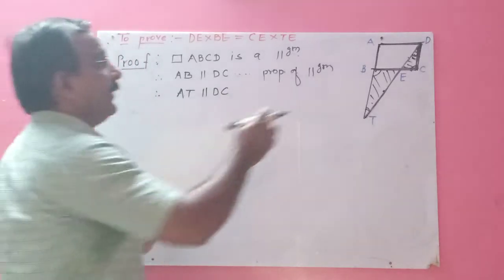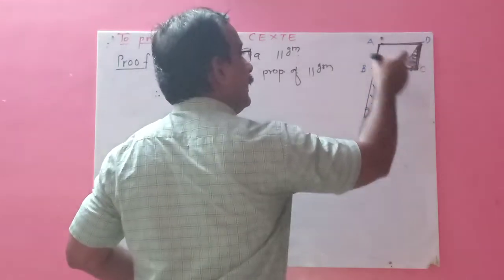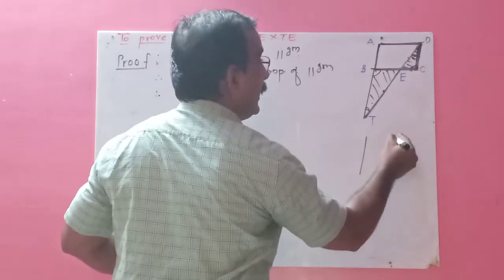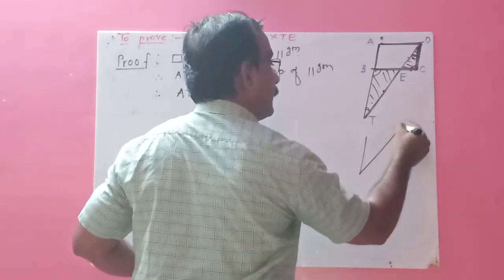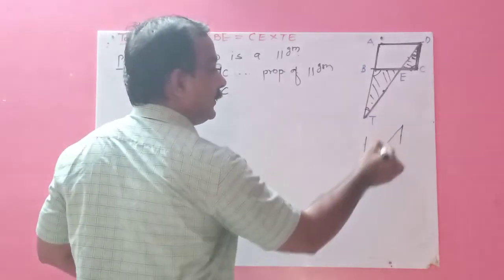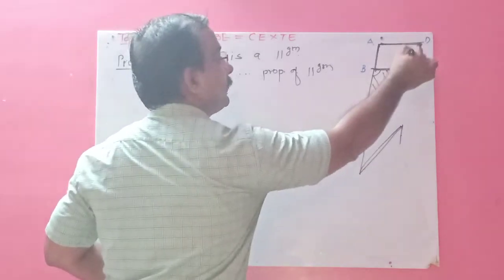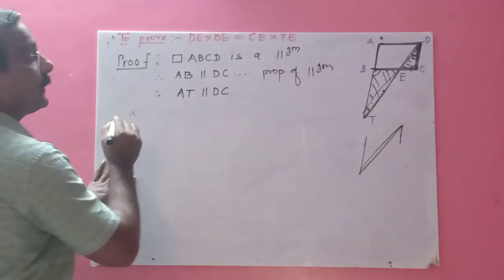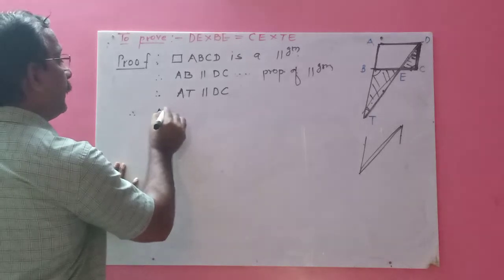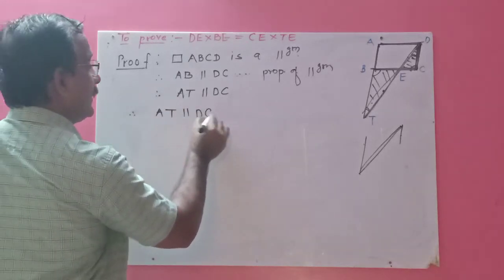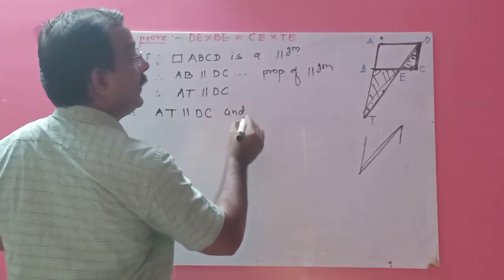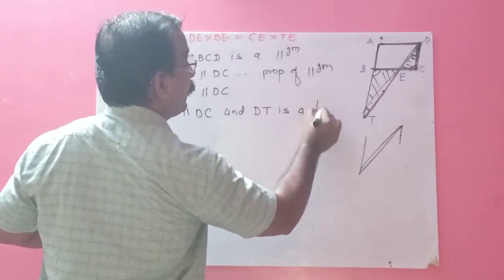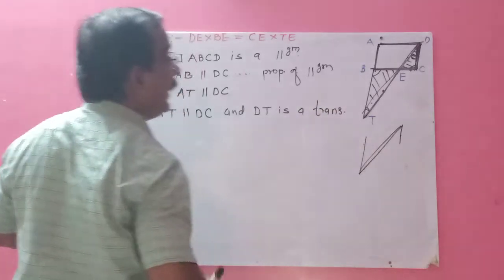Clear? If these two are parallel, then what about this DT? See here like this one and this one. If these two are parallel, then what about this line? Here it is, this line. It becomes the transversal. So here AT parallel DC and DT is a transversal. Okay?